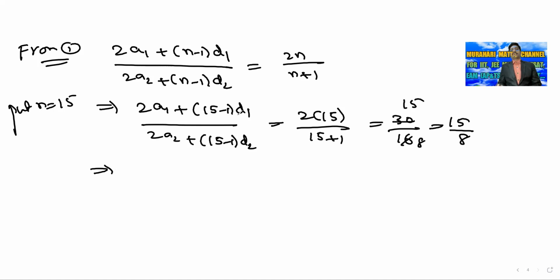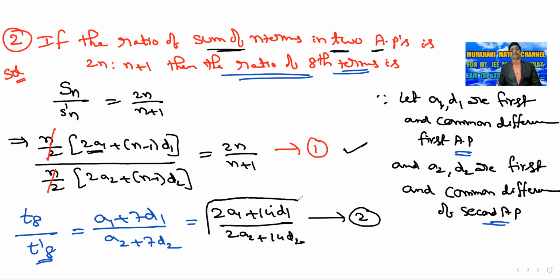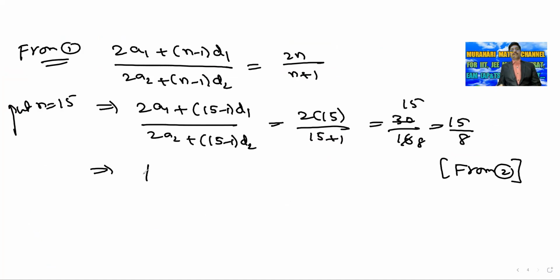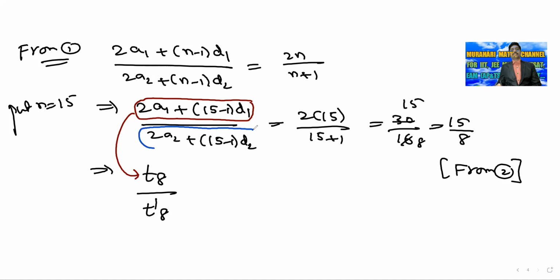So (2a1 plus 14d1) by (2a2 plus 14d2) from equation 2 is t8 by t dash 8, the eighth term in the first AP over the eighth term in the second AP, which is equal to 15 by 8.